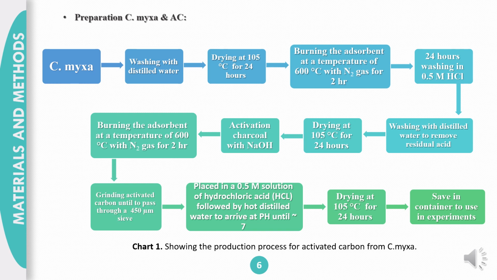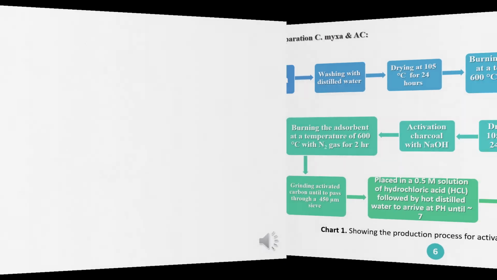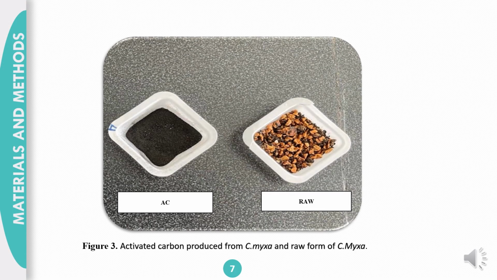Finally, save in a container to use in the experiment. In this figure, we can see activated carbon produced from Cordia myxa and raw Cordia myxa.